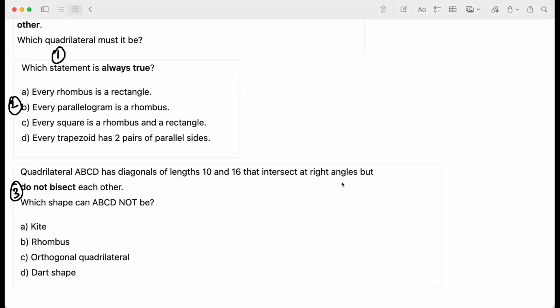Oh, that seems incorrect. Okay, how about this? Can I change this question a little bit? Diagonals 10 and 16 bisect each other, but are not perpendicular to each other. Can I change it like that?